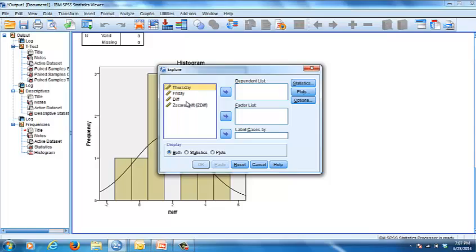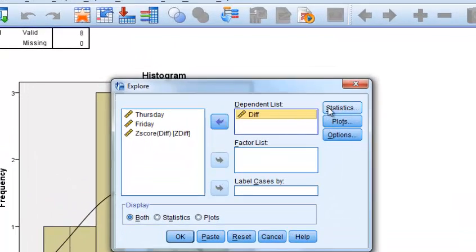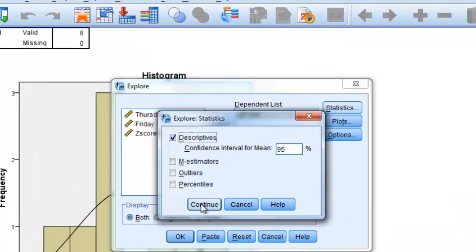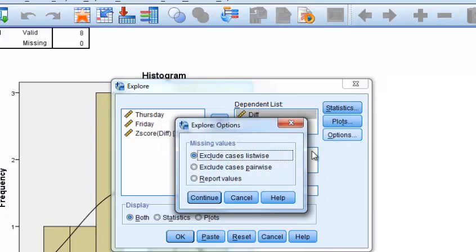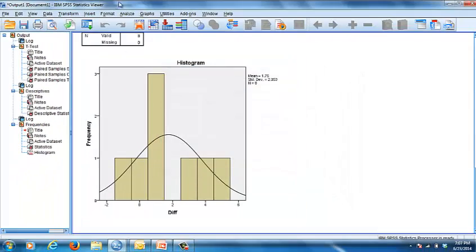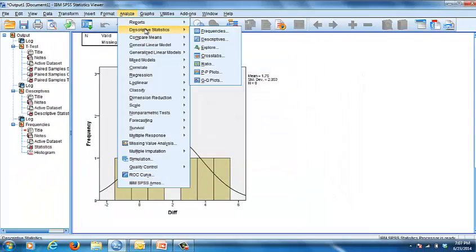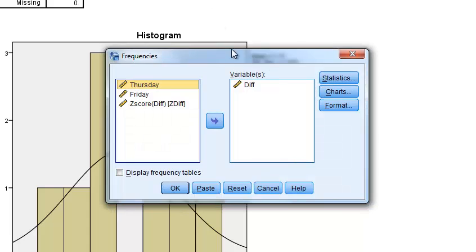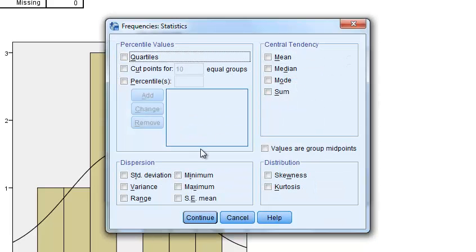Okay. I want diff as my dependent, and statistics is okay, and options is okay, and I still don't have the right thing. I just want frequency. So analyze, descriptives, frequency, diff, stats. There we go. I want skewness and kurtosis.